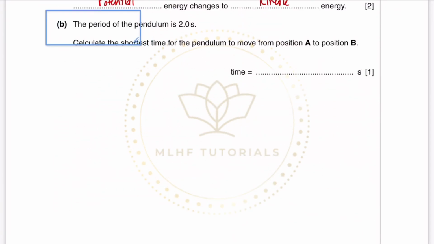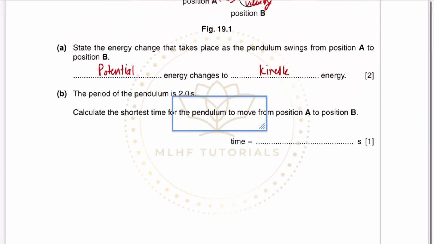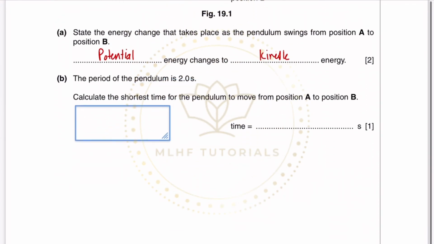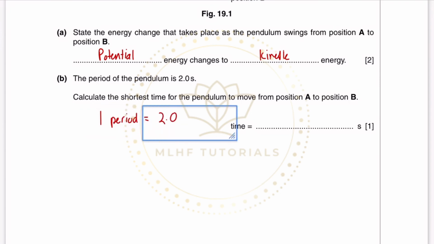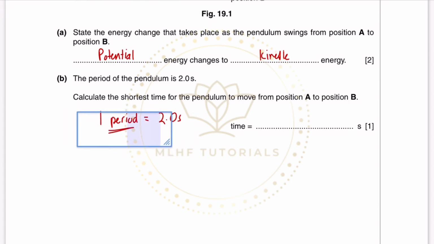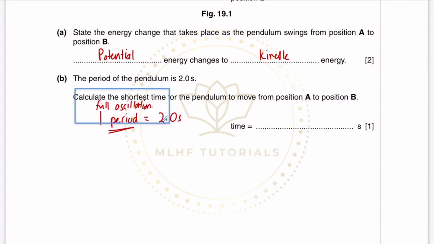Part B. The period of the pendulum is 2.0 seconds. Calculate the shortest time for the pendulum to move from position A to position B. Okay, so 1 period is equal to 2.0 seconds. This 1 period means one full oscillation.